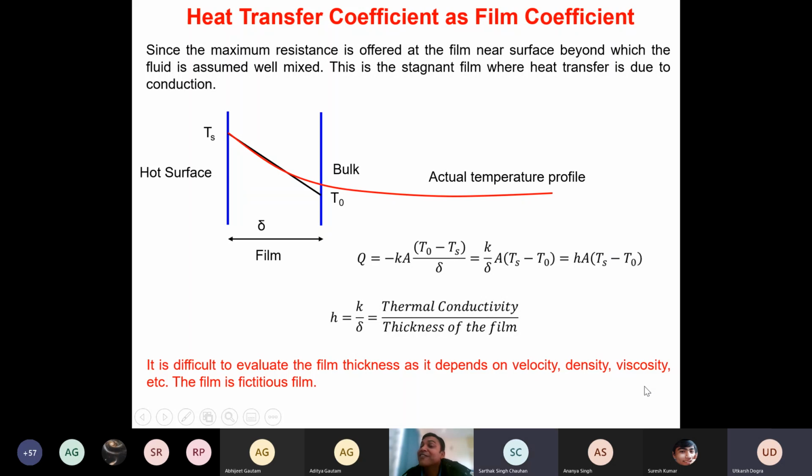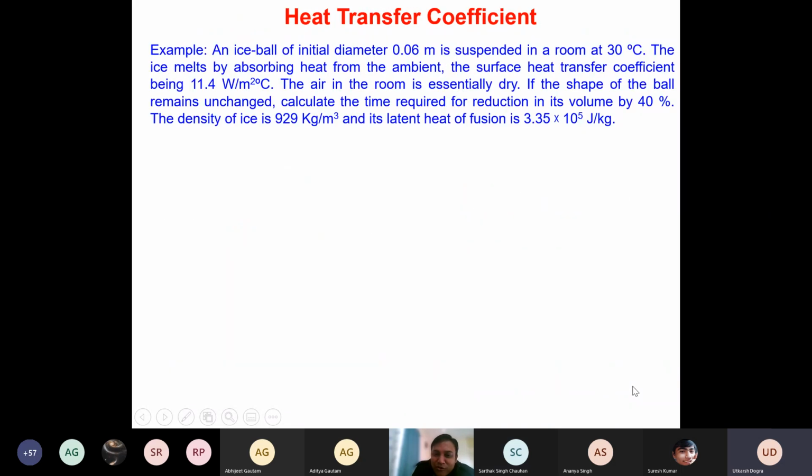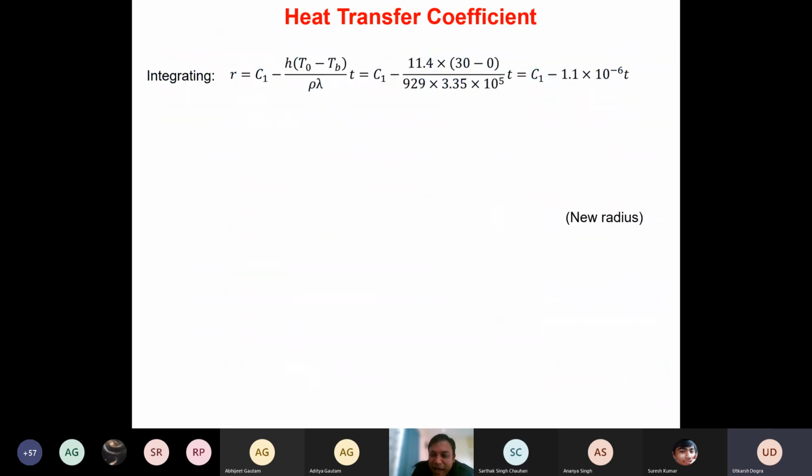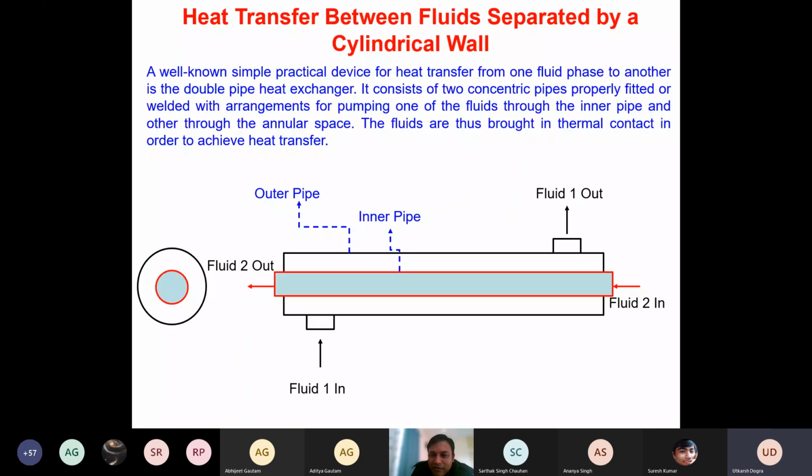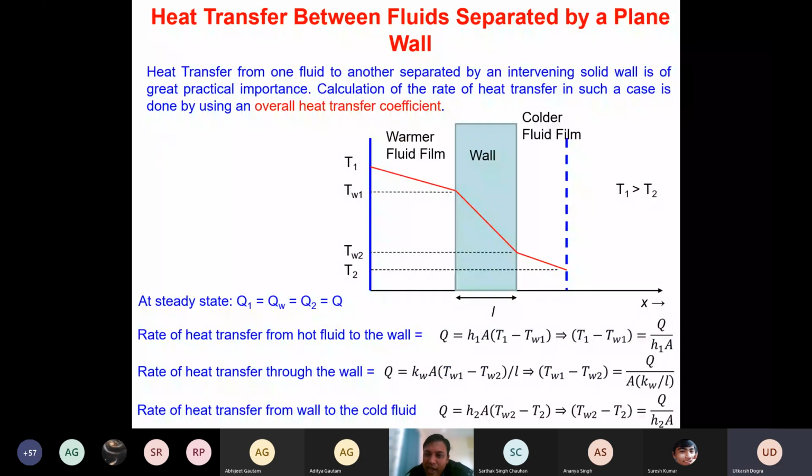Of the fluid, not the solid. So even if you change this solid by a different solid, the effect of temperature will be there, and because of that some changes will be there, but not directly. You get it?